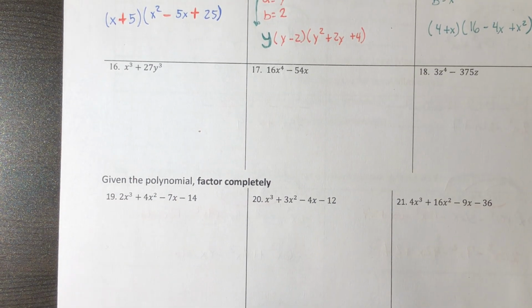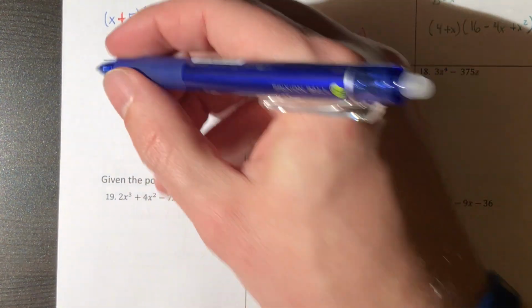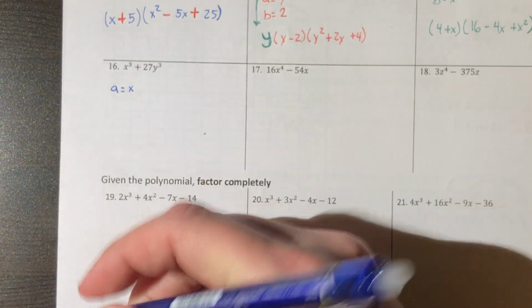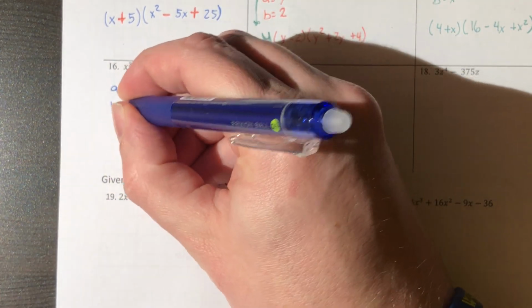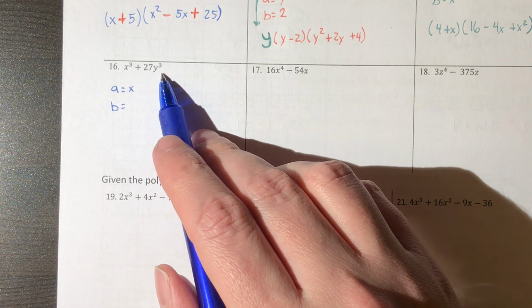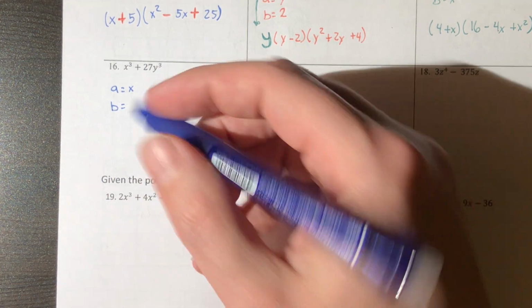Looking at 16, my a value is x. My b value, 27 is a perfect cube, and y cubed, also a perfect cube.